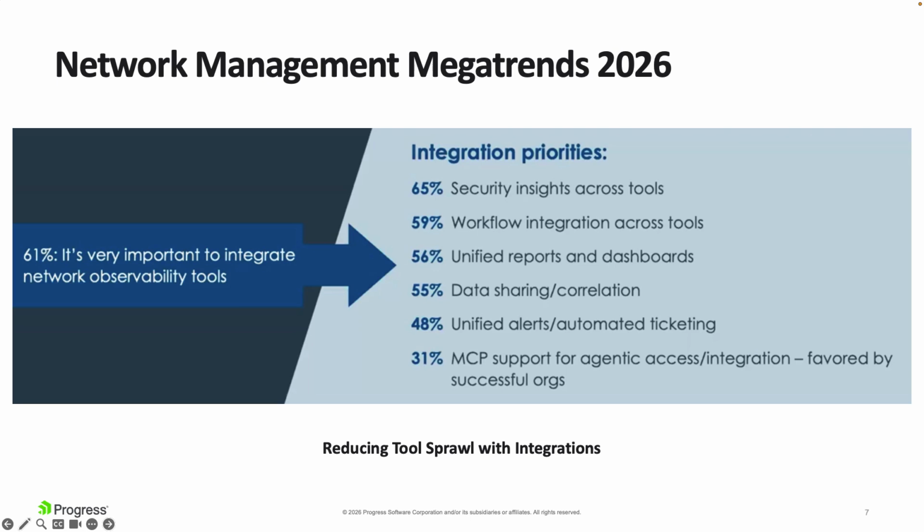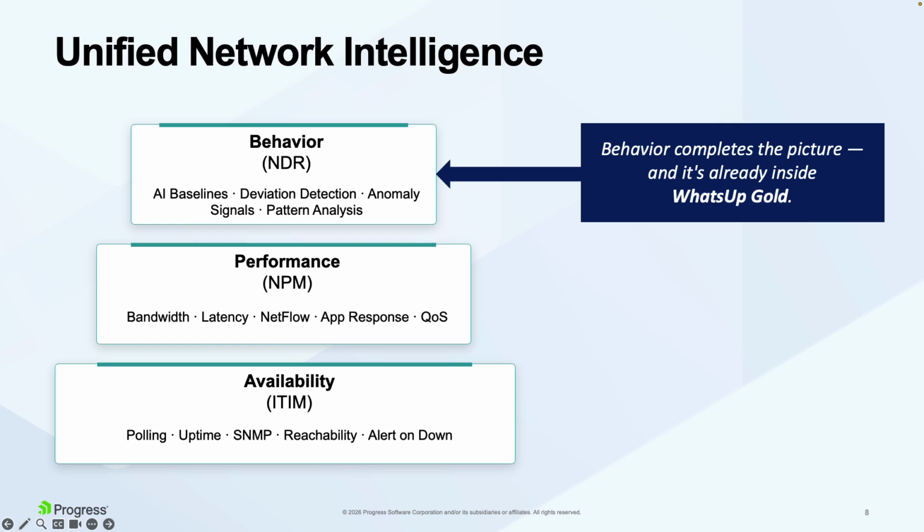And that brings me to the name of our webinar, or to the key topic, which is the three key pillars I would like to talk about, and mainly about the third. So as I mentioned, a typical tool that any modern organization must have to be able to monitor their IT infrastructure is availability: polling, uptime, SNMP, basically, is it up or down?